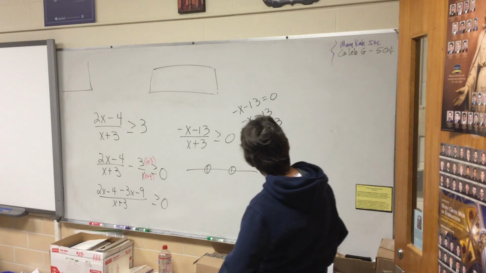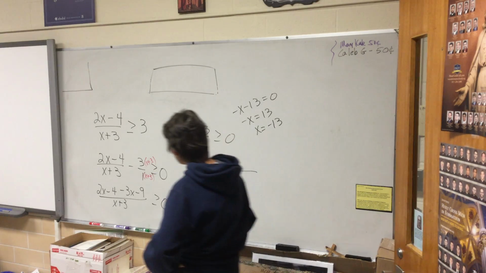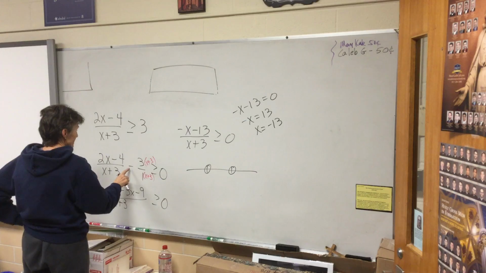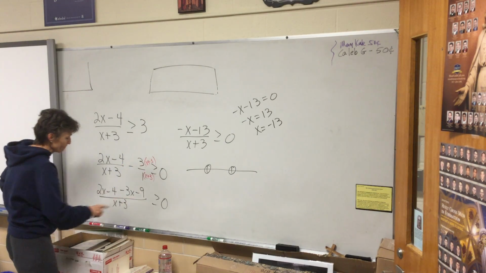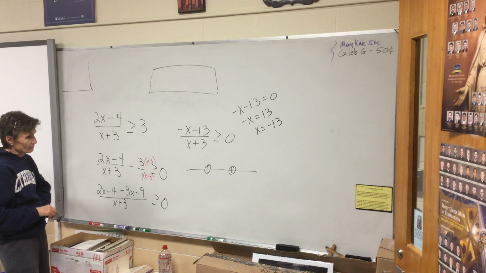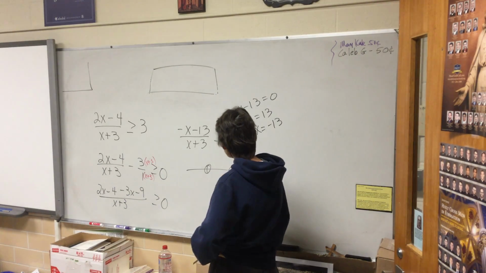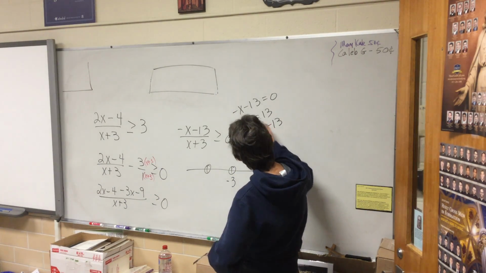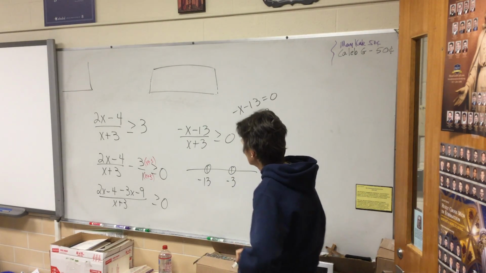I put a +9 instead of -9. Oh yeah, you gotta be careful. It's distributed, so it's -3x minus 9. Now I got you. So I know my bottom is at -3, and my top turned out to be -13.